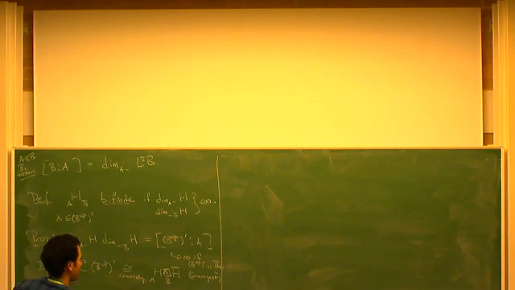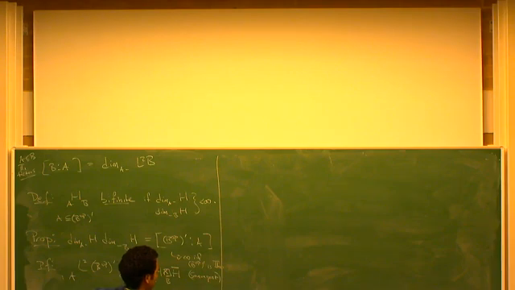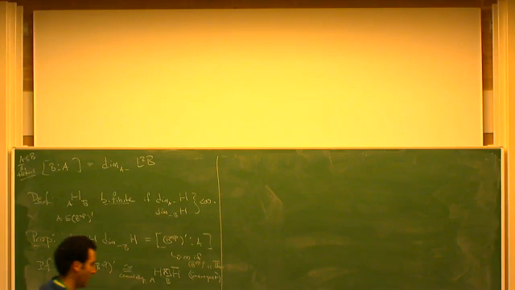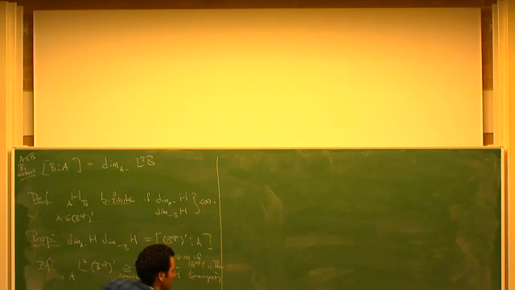If the right von Neumann dimension is finite, where H here again is an AB bimodule, this is going to imply that there exists an isometry from L2A to H fused over B with H bar. This is A-A bilinear.